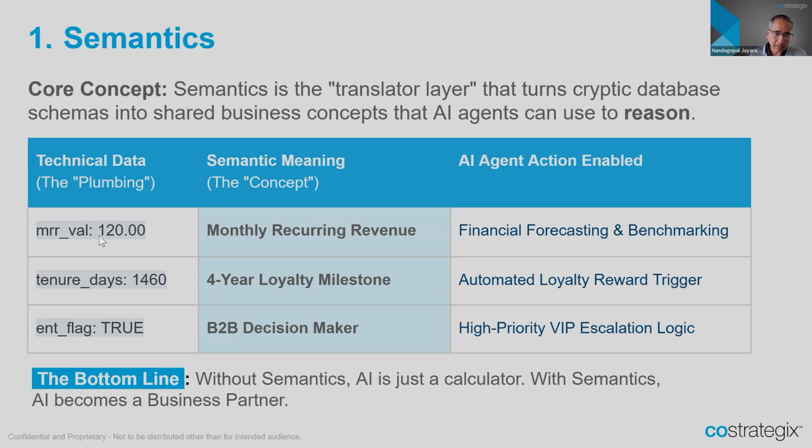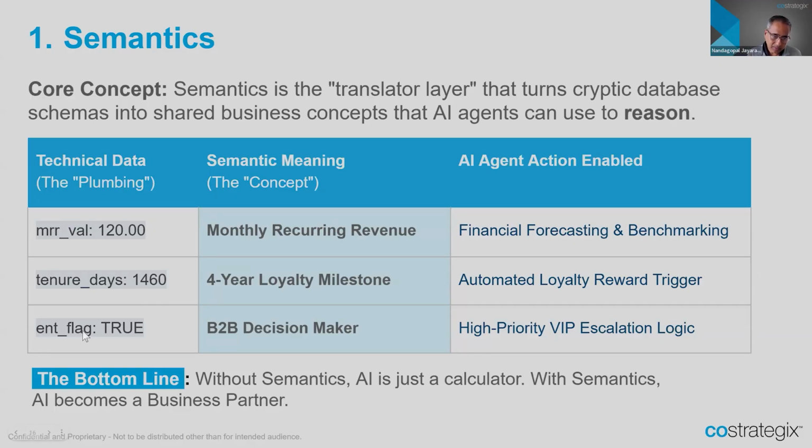So, for example, a database column like this may get translated to monthly recurring revenue. Tenure might get translated to 4-year loyalty milestone. But this has a temporal, a time nature to it because as this increases, this might change. So this is not a one and done type of tag you apply, but it's a continuous process.